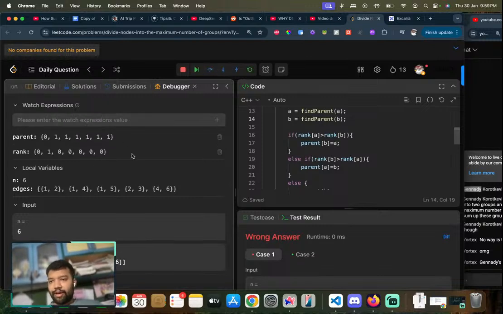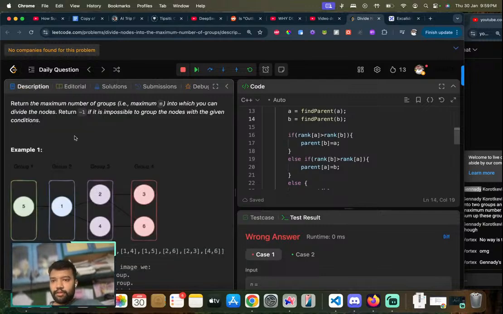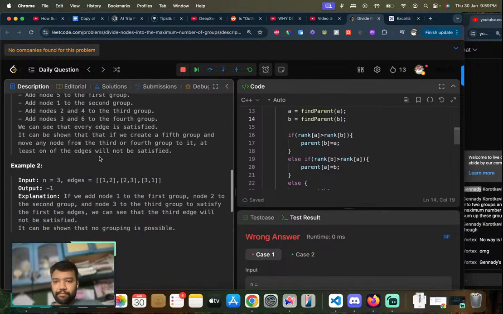Okay, all of them have parent as one and rank of one is the greatest and we don't need anything else. So that is also cool. This works out.